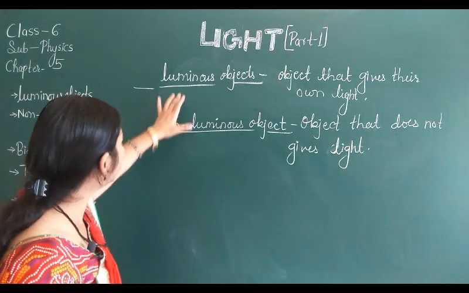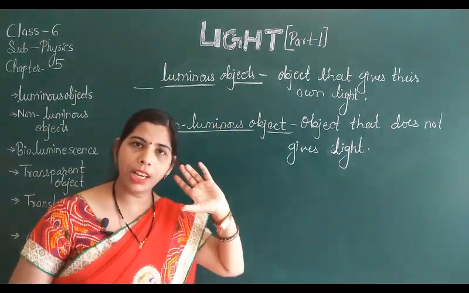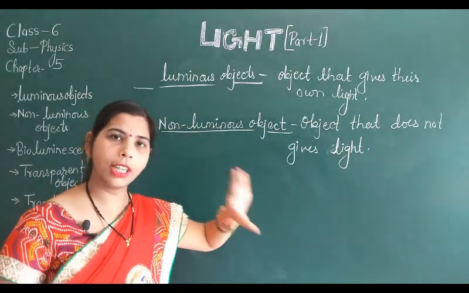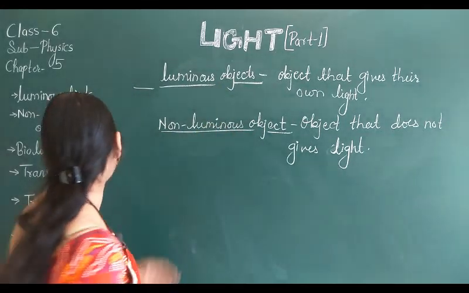So they are known as non-luminous. Those that do not have their own light are called non-luminous, and those having their own light are called luminous objects.